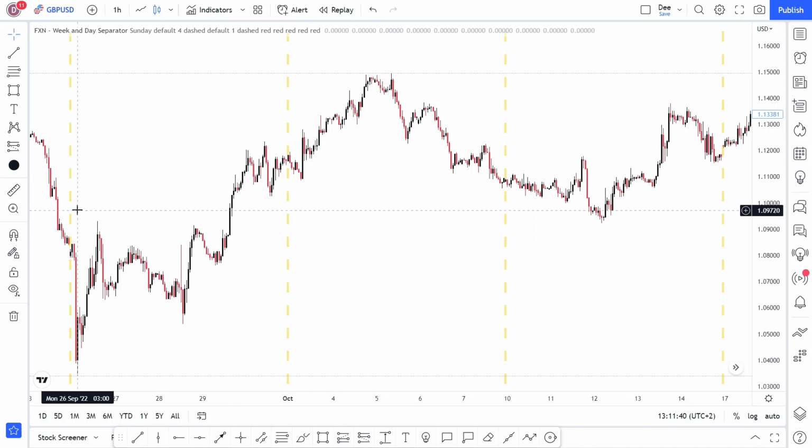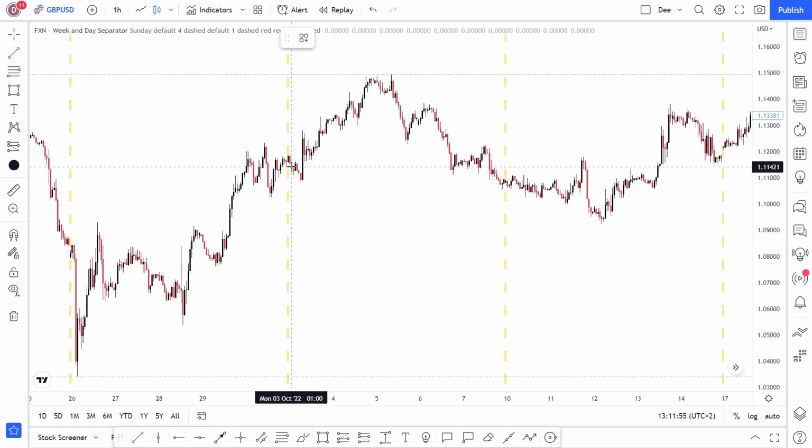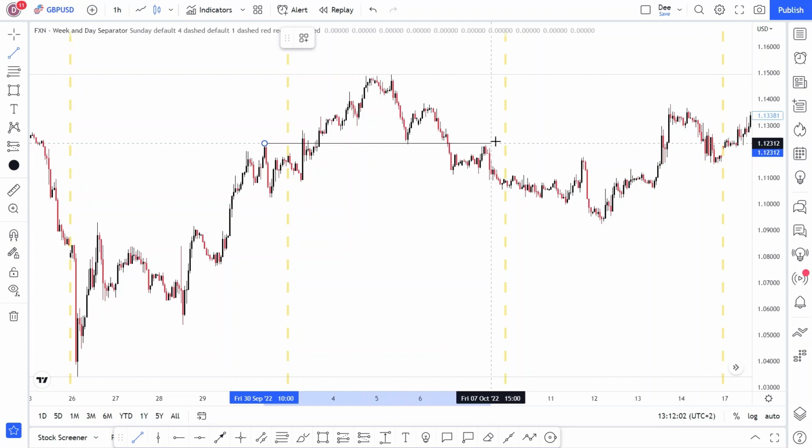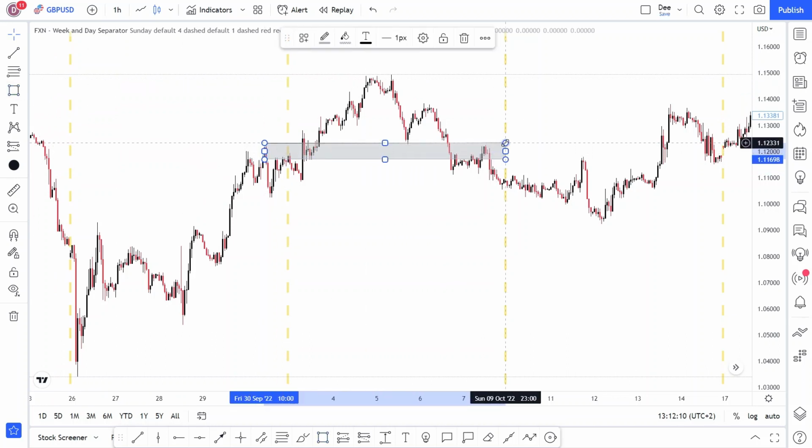So these vertical lines are our period separators. They are separating the current week from the previous week. So if we are trading this week, you mark your high and low of the previous week. This was the highest high of the previous week, and we had this resistance over there.